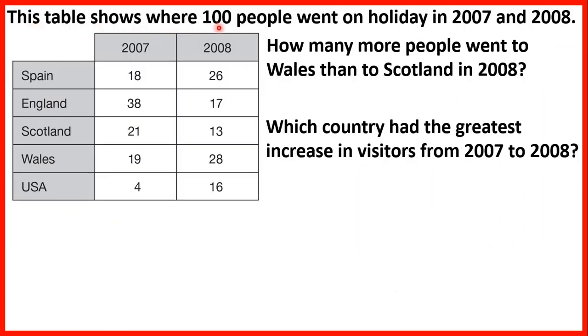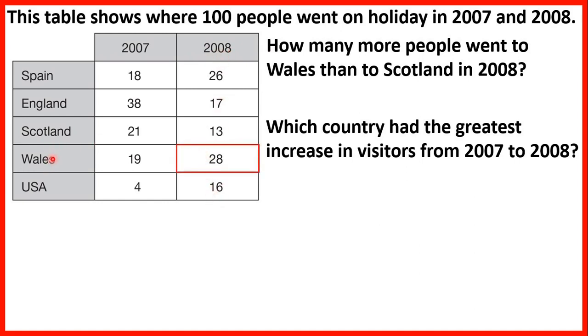This table shows where 100 people went on holiday in 2007 and 2008. How many more people went to Wales than to Scotland in 2008? So we can see that 2008 is this column here.